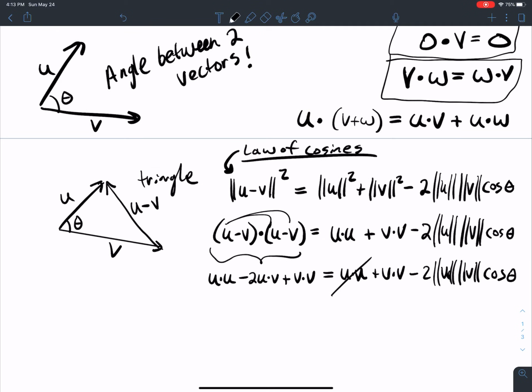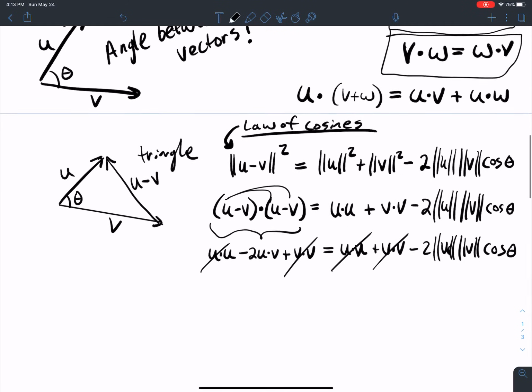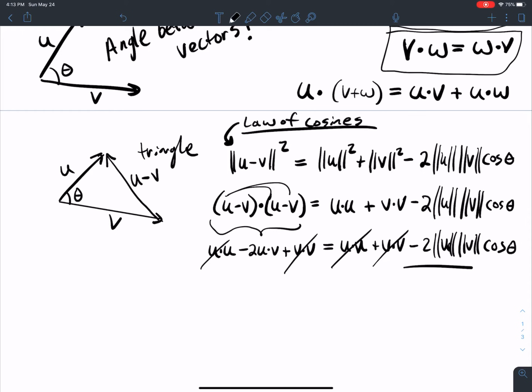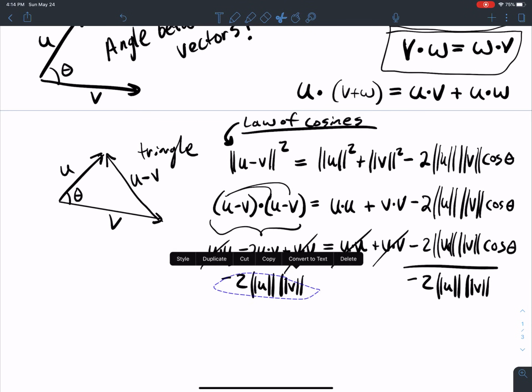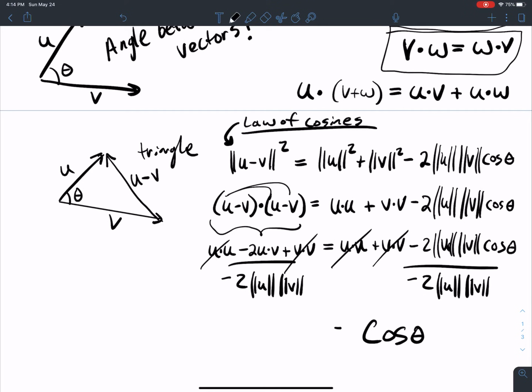Now these cancel. I'm going to divide both sides by negative 2 magnitude u, magnitude v. And so what do I get? I get the cosine of theta is equal to u dot v over magnitude of u, magnitude of v.